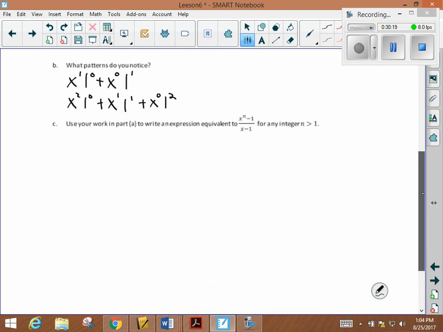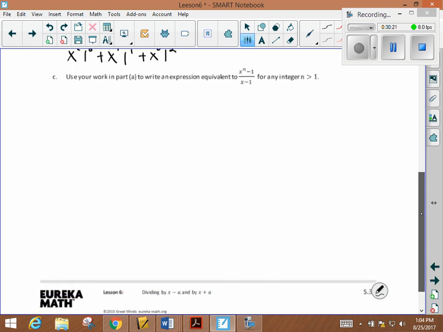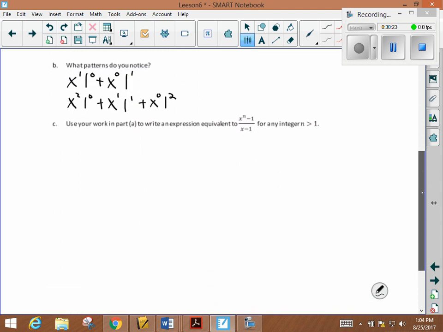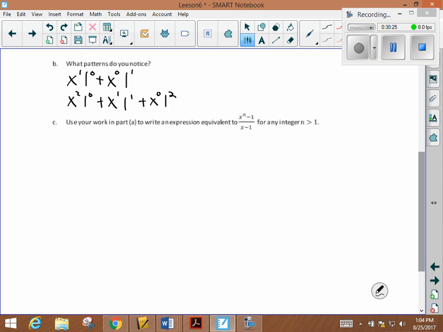So let's write an expression that's equivalent to this for anyone. Well, it looks like we've kind of started the groundwork on this, right? So what's going on with n? All right, so let's look at this. Let's write this equivalent expression. We're going to use this pattern.